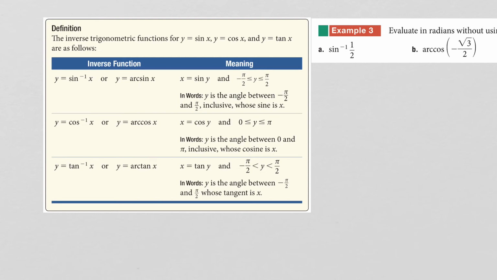The important thing to pay attention to here is this. The inverse function y equals inverse sine of x will only give you an angle between -pi/2 and +pi/2. The function inverse cosine of x will only give you an angle between 0 and pi.